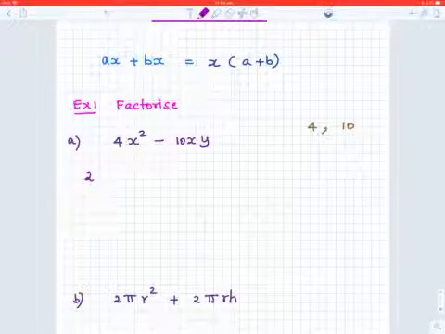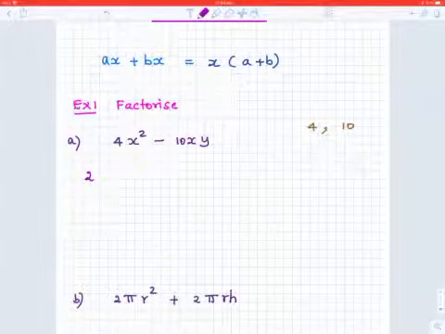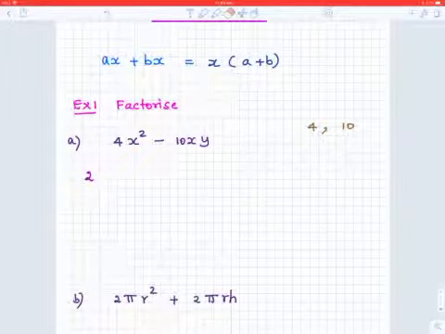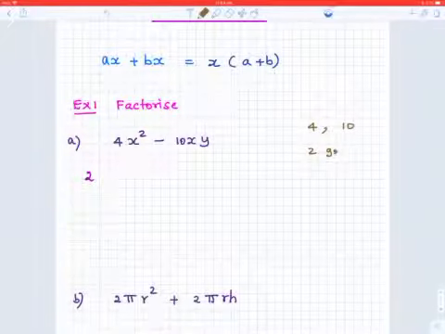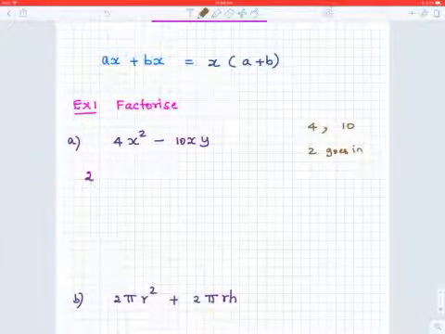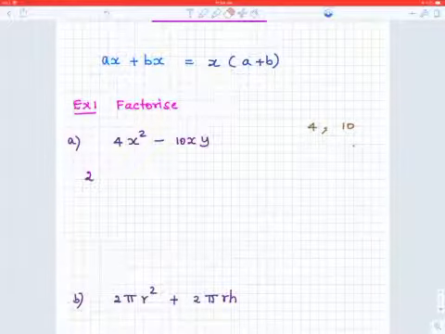Then I have the component x squared, and 2 goes in both 4 and 10.